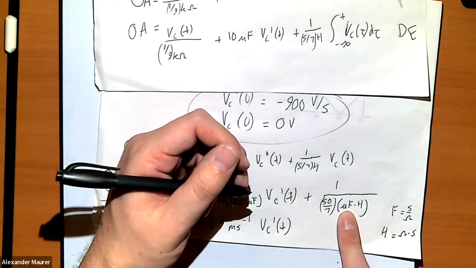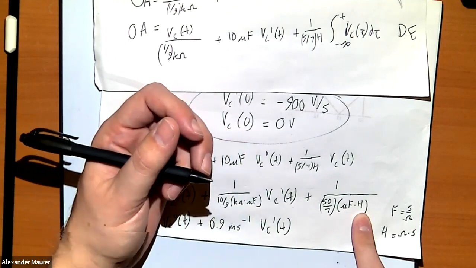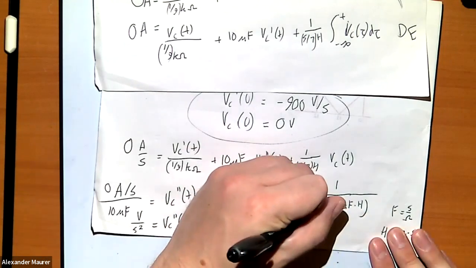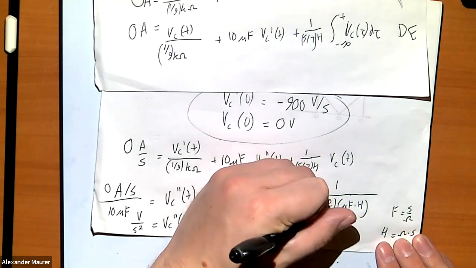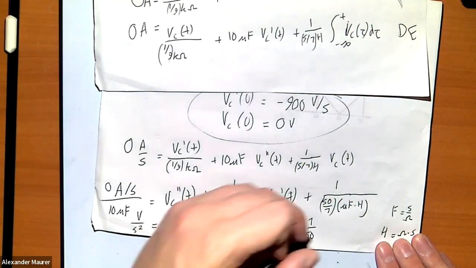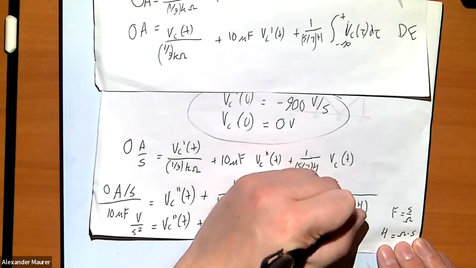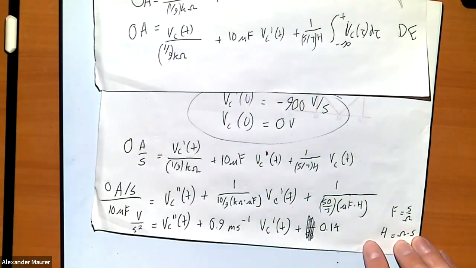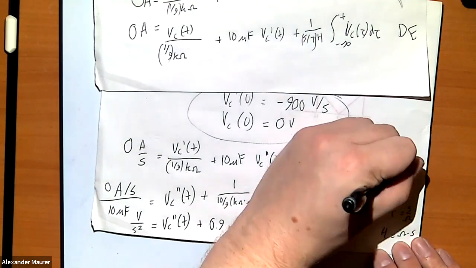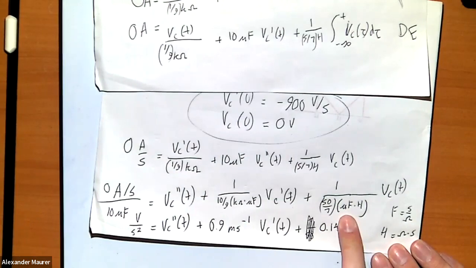And if we multiply microfarads times henries, this is going to be 7 over 50. So we could actually write that then as 0.14. Oh, sorry, I forgot the VC of t over here. So then this is microfarad henries.